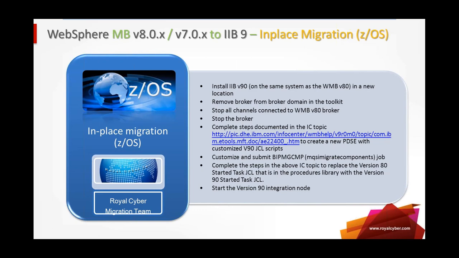The older JCL script won't work, so you have to use the version 9 JCL script for the newer version. There is a link also given. You can follow those steps to create your V9.0 JCL script, and you can apply those. Once that step is completed, if you start your broker, now it's an integration node basically. So you can start your integration node on z/OS. These are the steps for the migration on the z/OS system.